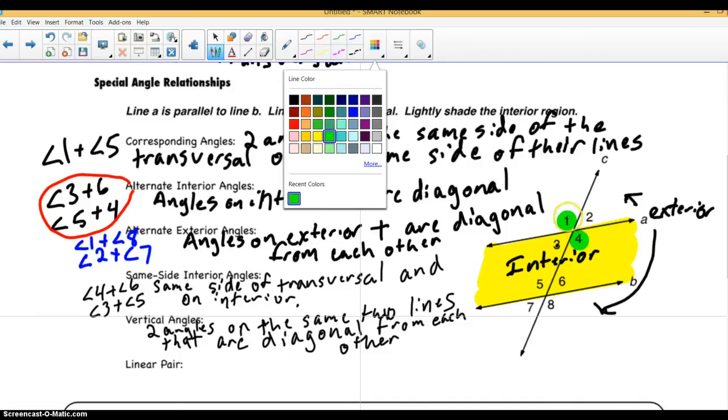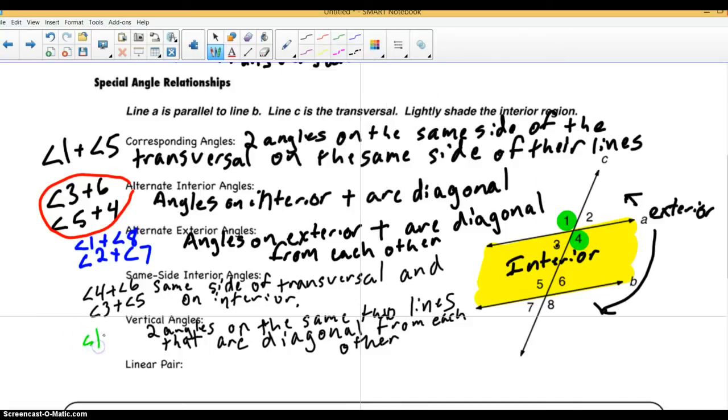And those angles again are 1 and 4. In our diagram, we actually have 1, 2, 3, 4 pairs of vertical angles. So let's just leave 1 and 4 as our example and know that you can have 2 per crossing of lines.